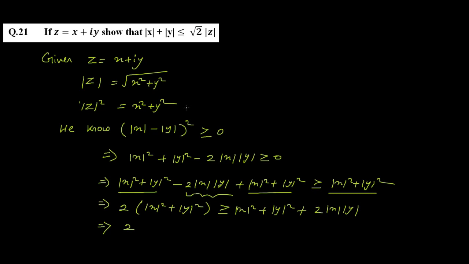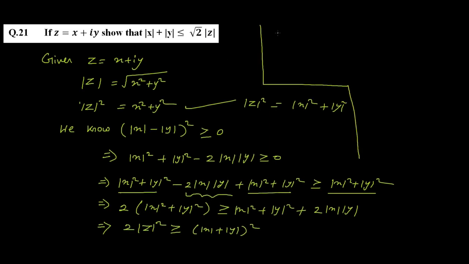From here you will see this is mod z square, so I can replace it here with 2 into mod z square. That is greater than or equal to mod x square plus mod y square plus 2 mod x mod y, which can be written as (mod x plus mod y) whole square.